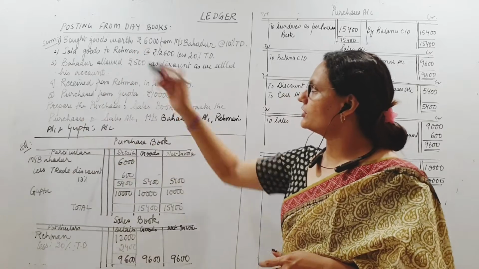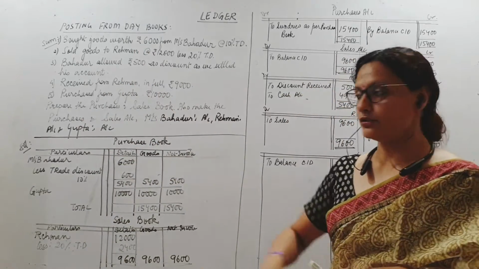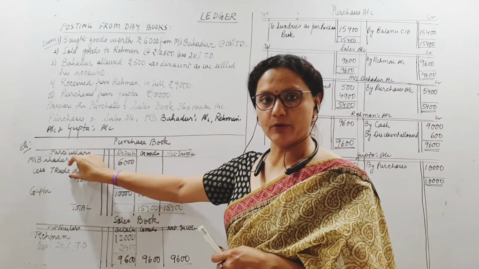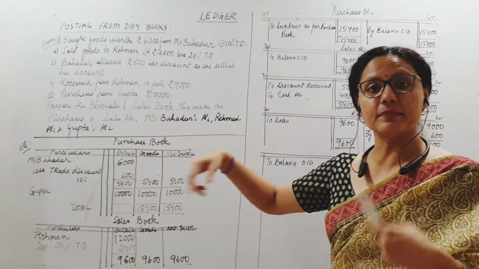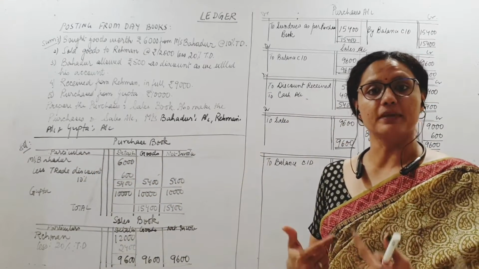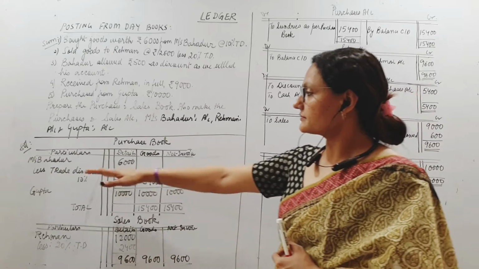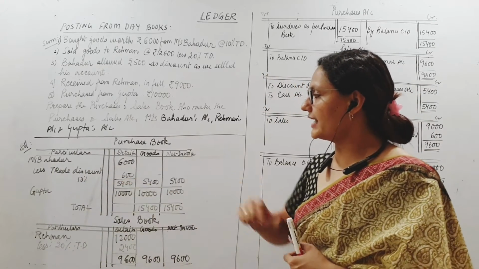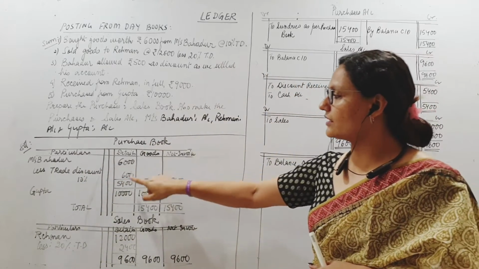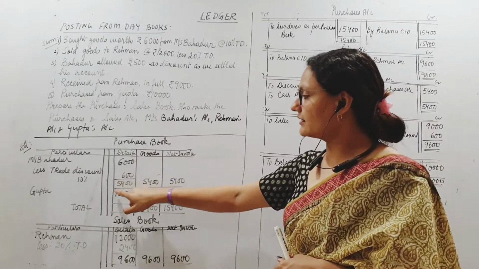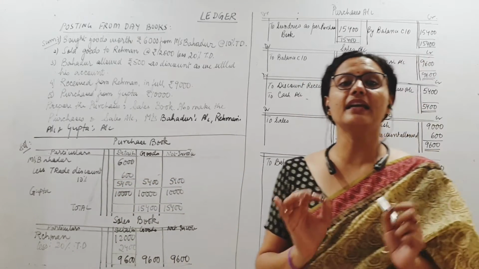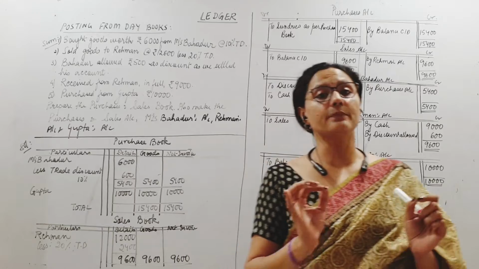Particulars. First entry was, we have purchased goods from Bahadur, so we write Messrs. Bahadur, the name of the creditor. He is a creditor to us because we will pay him money. We have bought goods from Bahadur on credit. Less trade discount, 10%. So 10% of 6,000 is 600. Subtracted, 5,400 is my actual value of goods purchased.